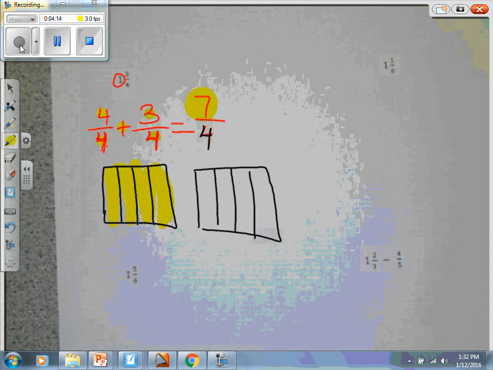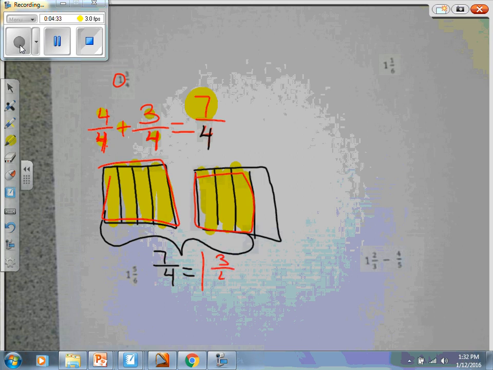Again, add 1, 2, 3, 4, 5, 6, 7. So this rectangular model represents 7/4, which is also 1 3/4, which is my original fraction.